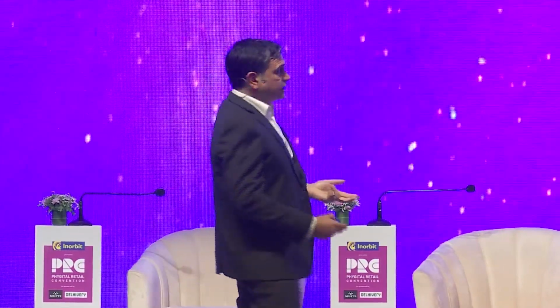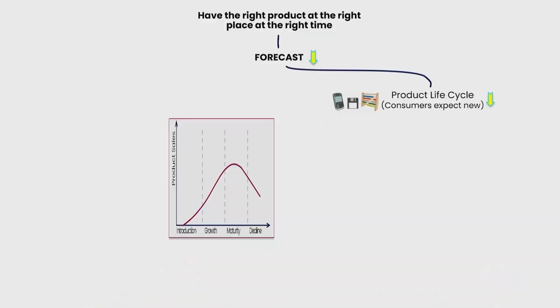More and more industries are going into becoming like fashion, shorter product life cycle, to the extent that it creates a consumer behavior where consumers expect newness. They come to the store and ask, what's new? Now, this obviously puts pressure on us to increase the rate of new product introductions, to increase the freshness rate, if you want, in our merchandise.